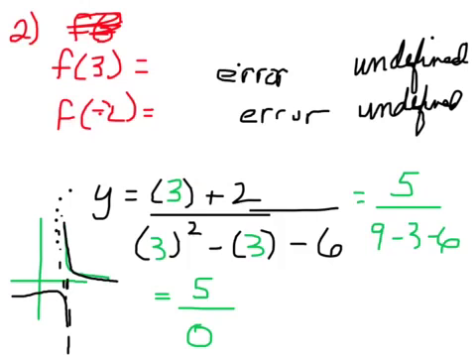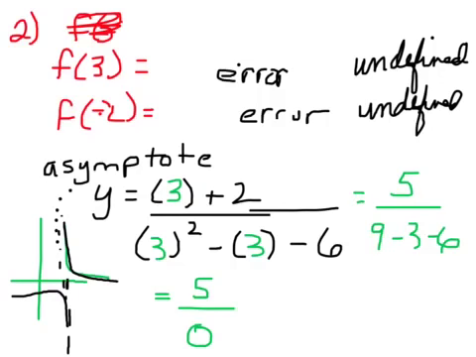Some are going up and some are going down to the left of the line, but they're never going to hit that line. There's never going to be a y value there. That's called an asymptote. Have you ever heard of those before? It's spelled asymptote, and the P is silent.